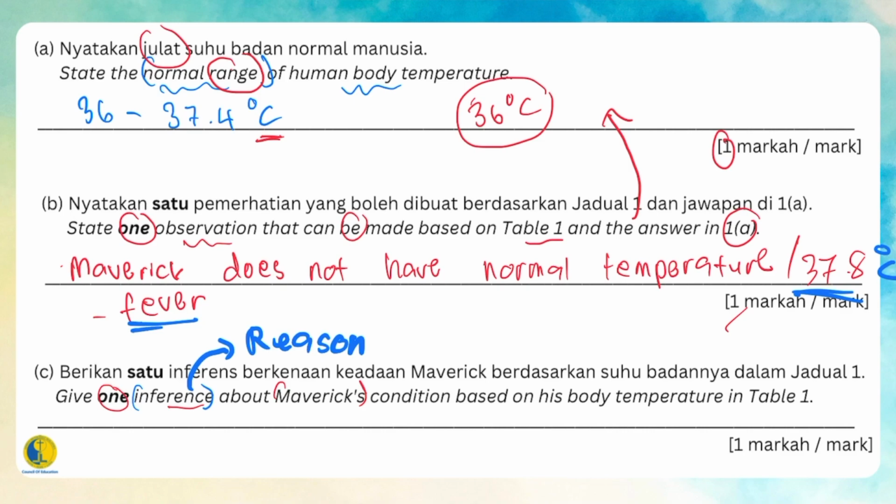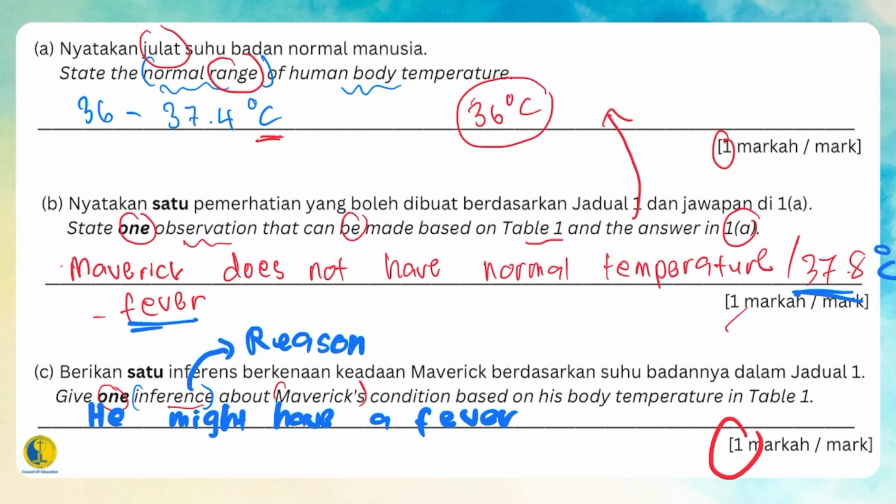I put the answer over here already, which is he might have a fever. He probably has a fever. He is probably under an extremely hot temperature. Okay, so another 1 mark for you. Easy, yeah? Easy peasy.